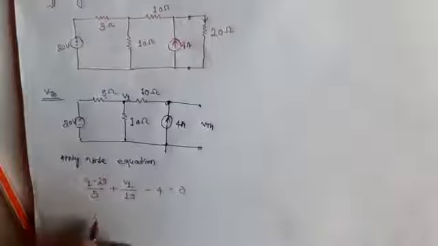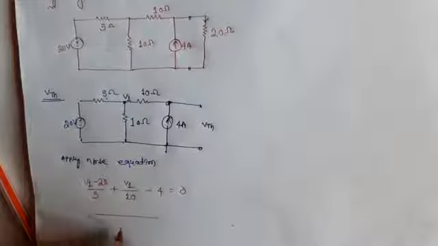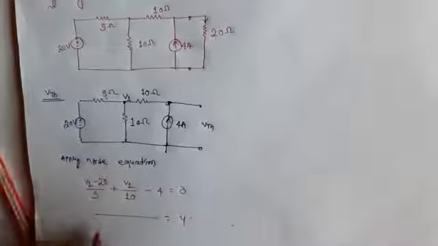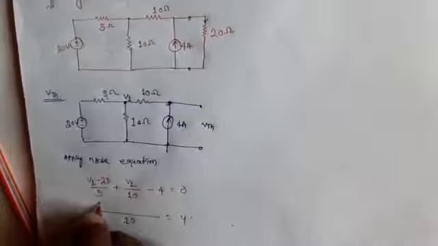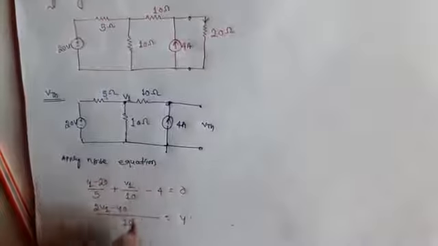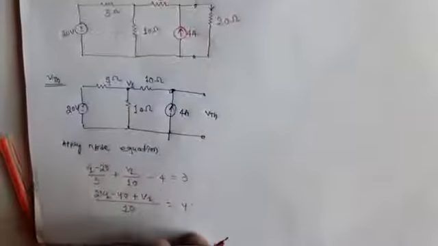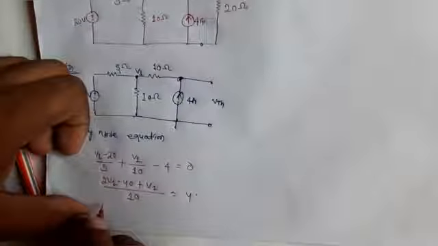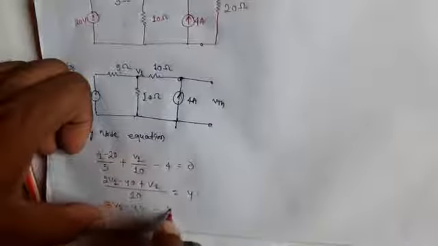Taking the LCM, 2 times (V1 minus 20) plus V1 minus 40 is equal to 0, so 3V1 minus 40 is equal to 40.